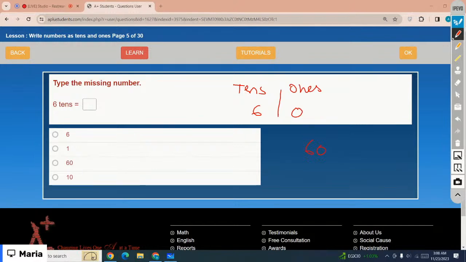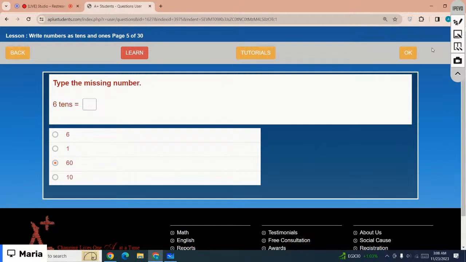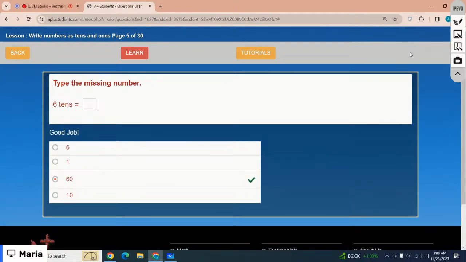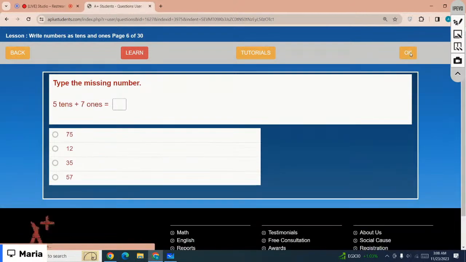So the correct option is 60. 60 it is, not 6. Okay, the next one is 5 tens plus 7 ones. Which is the correct option?